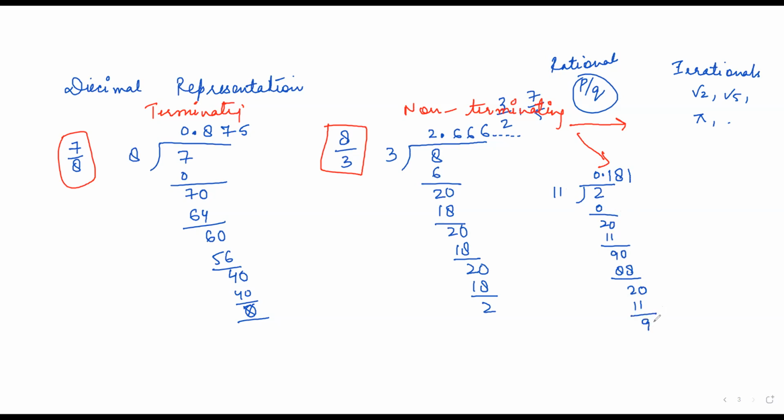Then you get 9, make it 90. 11 into 8 is 88. So you get 2, make it 20. So 11 into 1 is 11 again. Then you get 9, make it 90. 11 into 8 is 88, and again you get 2. So you see that this number 18, 18, 18 is repeating again and again. So first of all, you know that it is not going to end. This will keep on happening. So it is non-terminating.